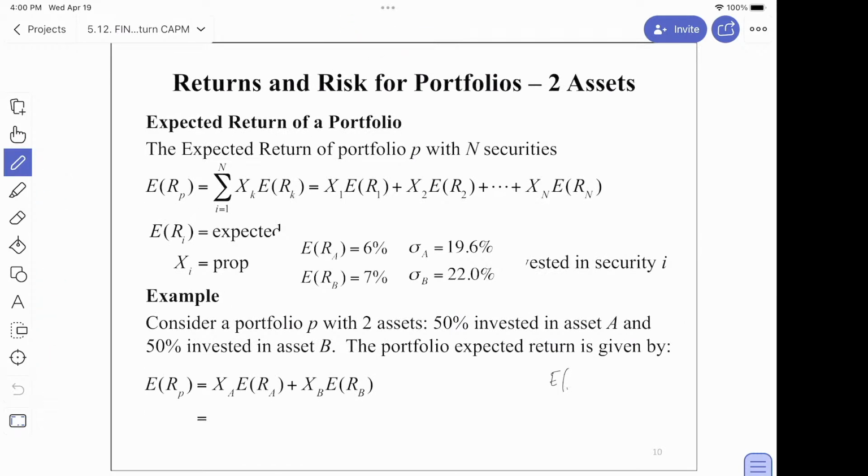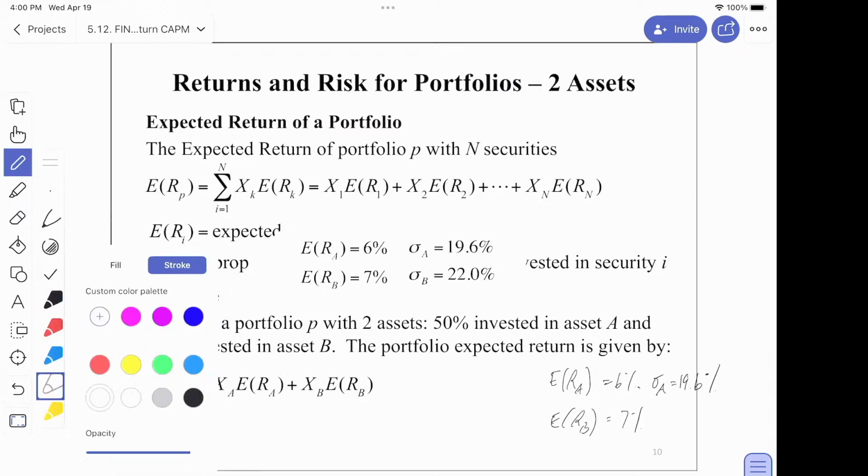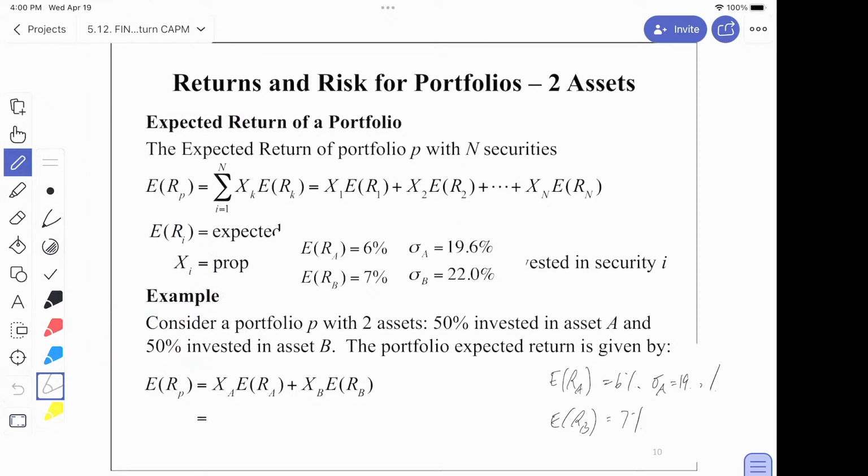So this is what we just worked with. So this is my information that I have, and there's just two assets that I'm combining, and I'm going to combine them equally.